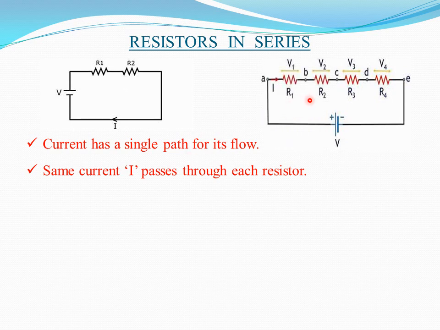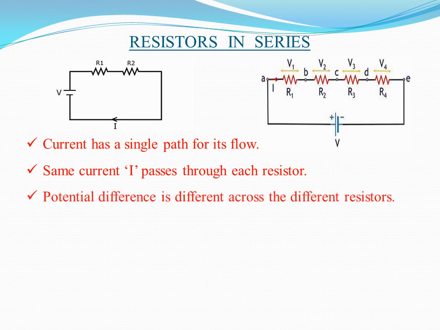In this circuit diagram, there are four resistors connected in series. The potential difference across the resistor R1 is V1. The potential difference across R2 is V2. Across R3 it's V3 and across R4 it is V4.